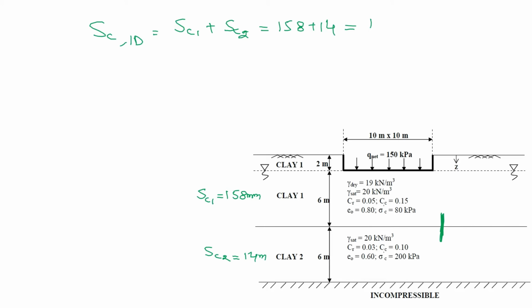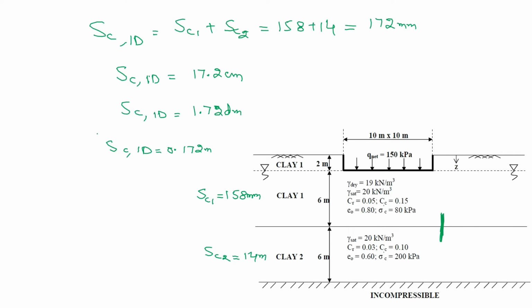This will be equal to 172 millimeters, or you can say SC in 1D is equal to 17.2 centimeters, or 1.72 decimeters, or 0.172 meters. You can put the answer in your own required units. Normally, they are mentioned in millimeters. So basically, our total settlement of the foundation is 172 millimeters.